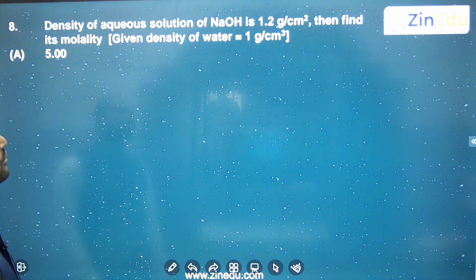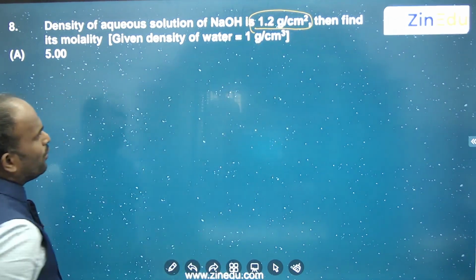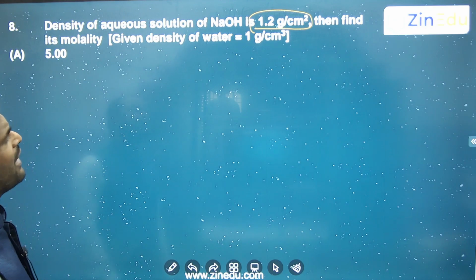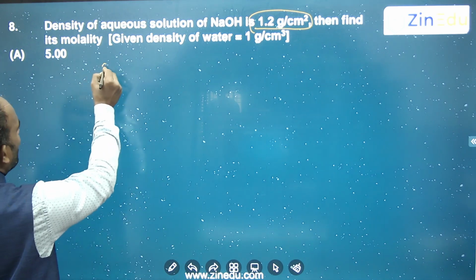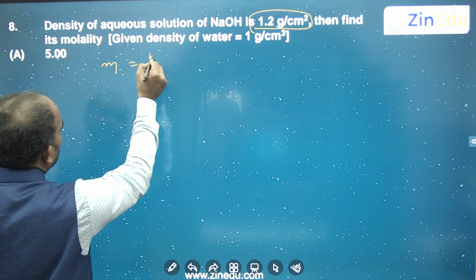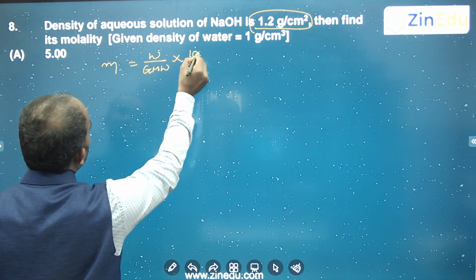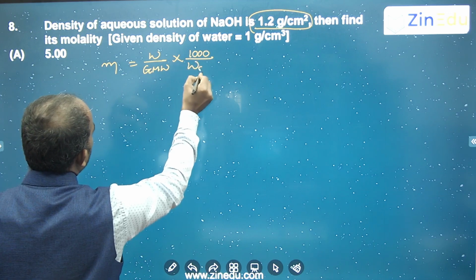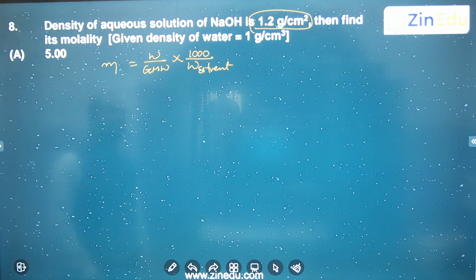The density of an aqueous solution of sodium hydroxide is 1.2 grams per cc, 1.2 grams per centimeter cube actually, not centimeter square. Then find its molality. We have to calculate its molality m. m is equal to the weight of the substance divided by the gram molecular weight of the substance, into 1000 divided by the weight of the solvent.